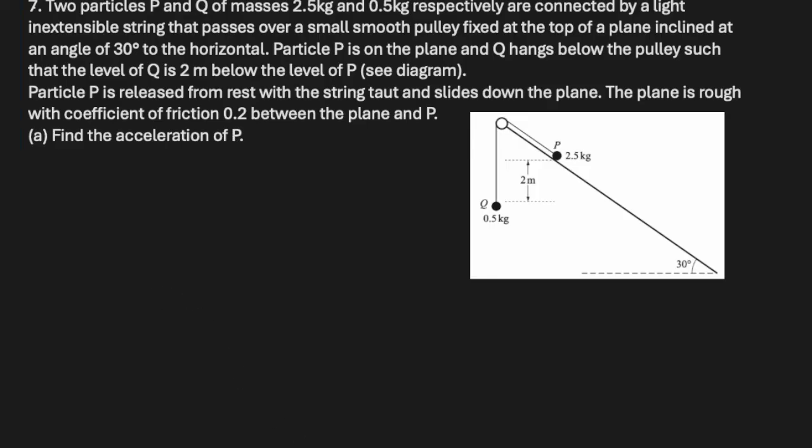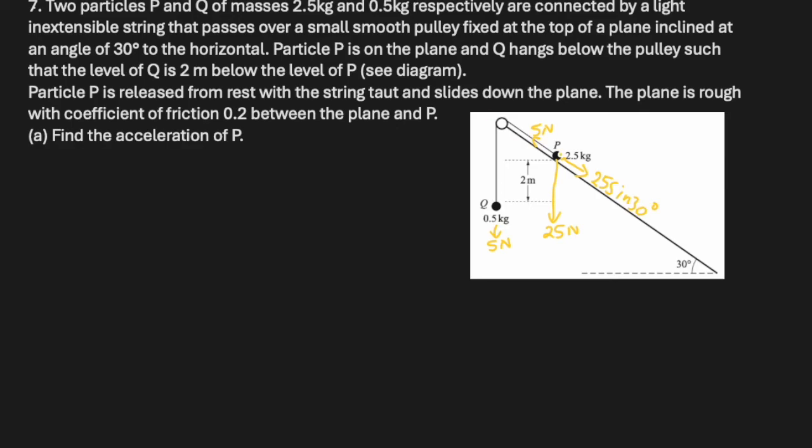Let's label the forces first and then we'll proceed. The first force will be the weight of P, which will be 2.5 times 10, 25 Newtons. The weight of Q will be 5 Newtons. Since the string is connected here, it will try to pull this by 5 Newtons. But the weight component in this direction will be 25 sin 30.